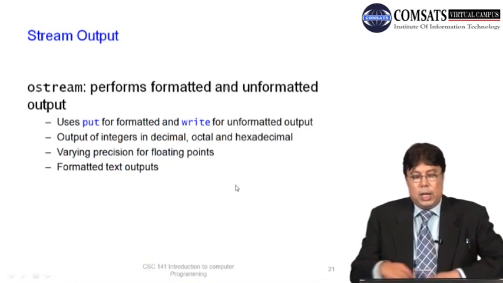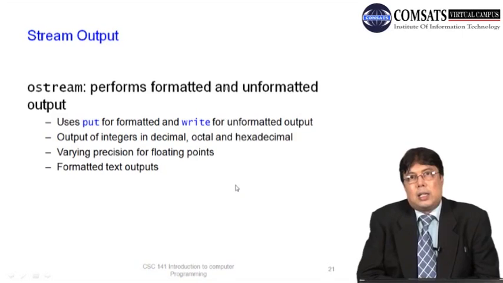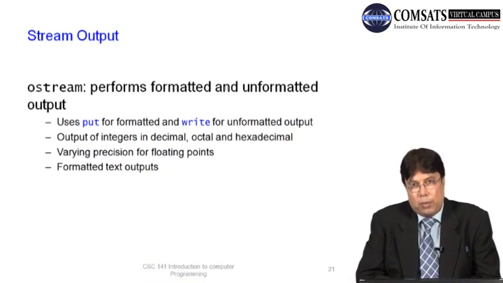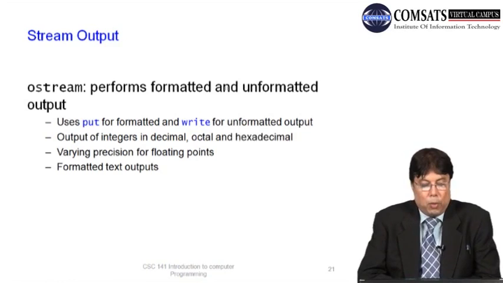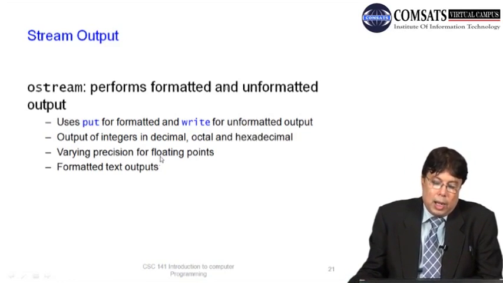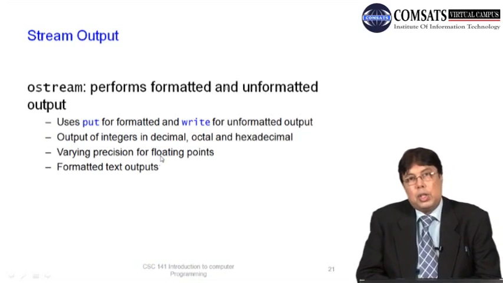So, output of integers in decimal, octal and hexadecimal. That is another inheritance, where the system should also be able to print the output in the form of the number system we are dealing with. Then in the floating point system, we can work with precision.